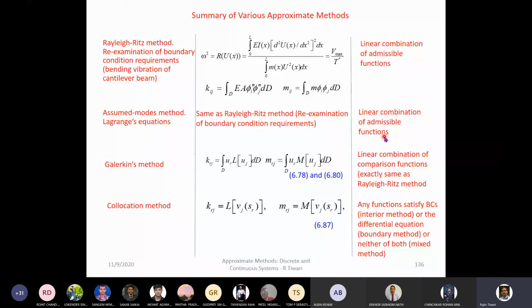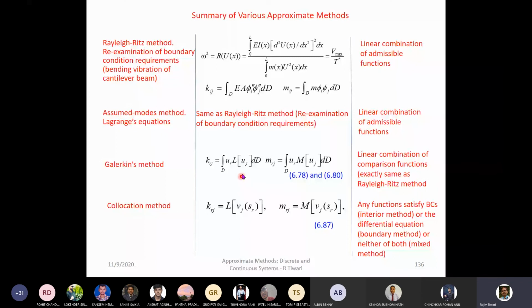Then the Galerkin method, we had this form of the stiffness and mass, and here we need to choose the comparison function.